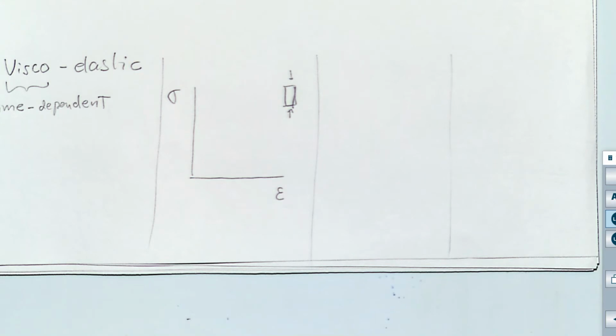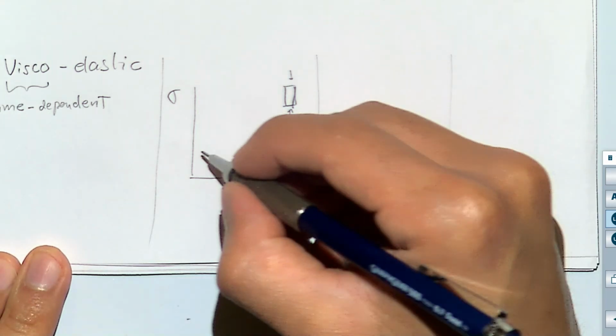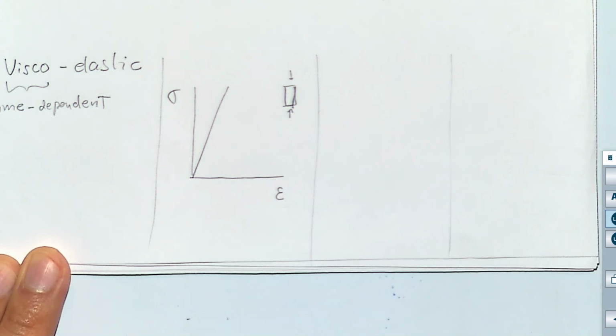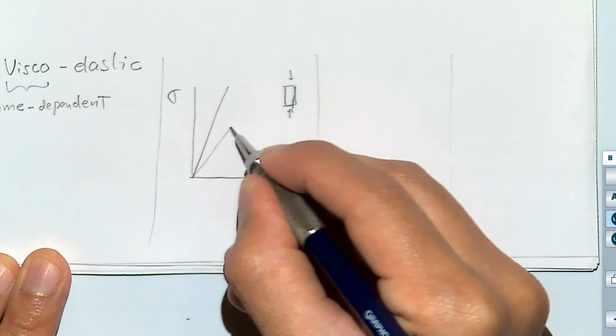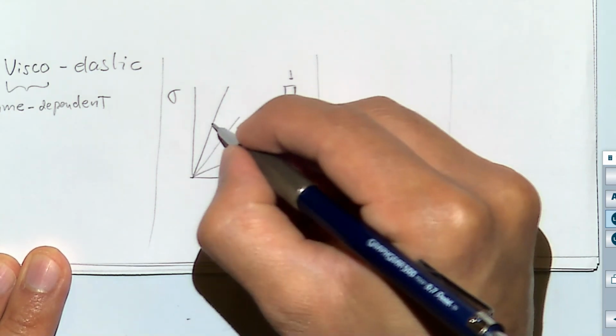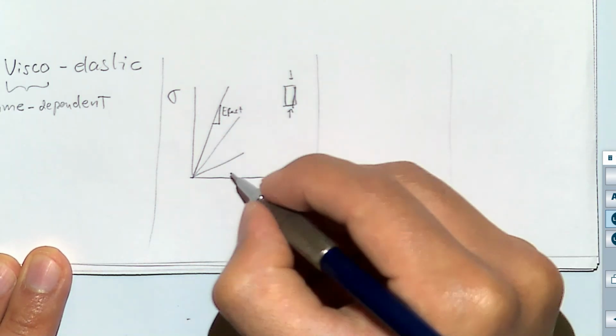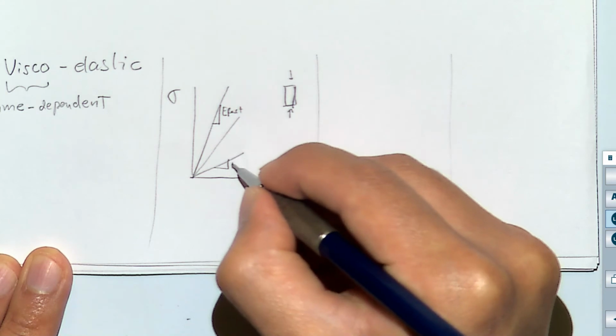So it's going to be stiffer if you load it very quickly. When you load the rock very quickly, the same rock is going to look stiffer than if you do it slow.